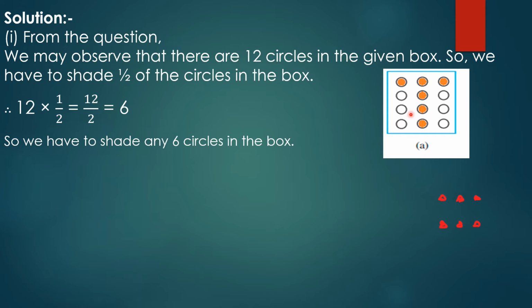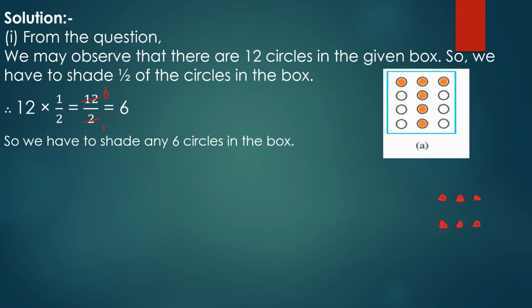So we have to shade 1 by 2 of the circles in the box, which means 12 into 1 by 2, which is equal to 12 into 1, it is 12 divided by 2. 2 ones are 2, 2 sixes are 12, therefore 6 circles to be shaded in the box.